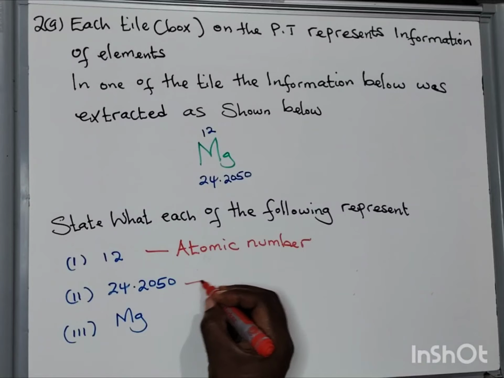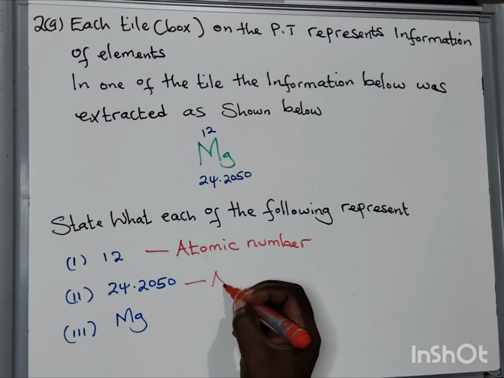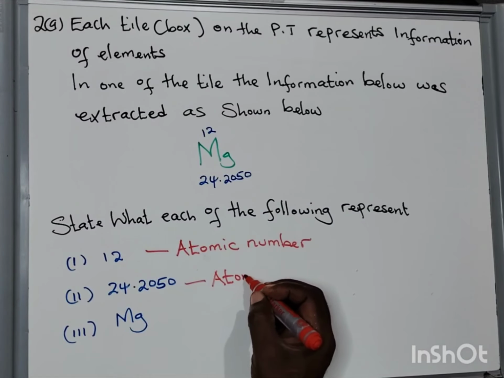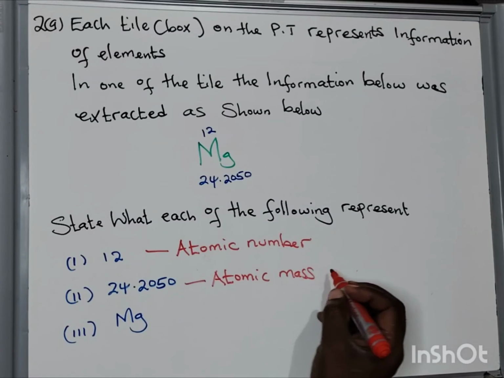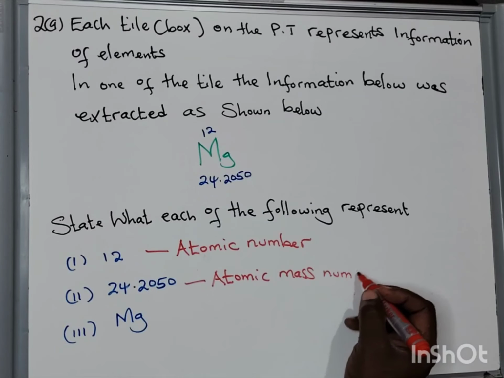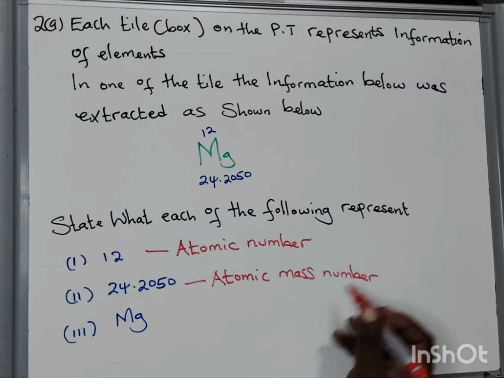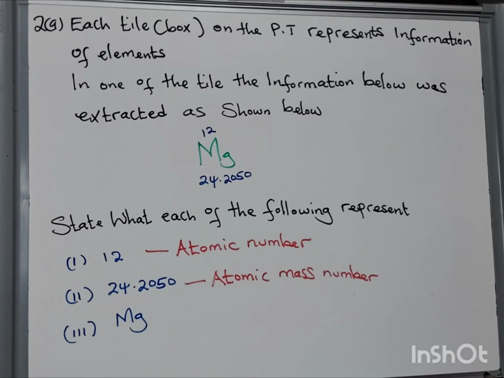It represents the atomic mass number. So what does Mg represent? Mg represents the symbol, or the chemical symbol, for the element.